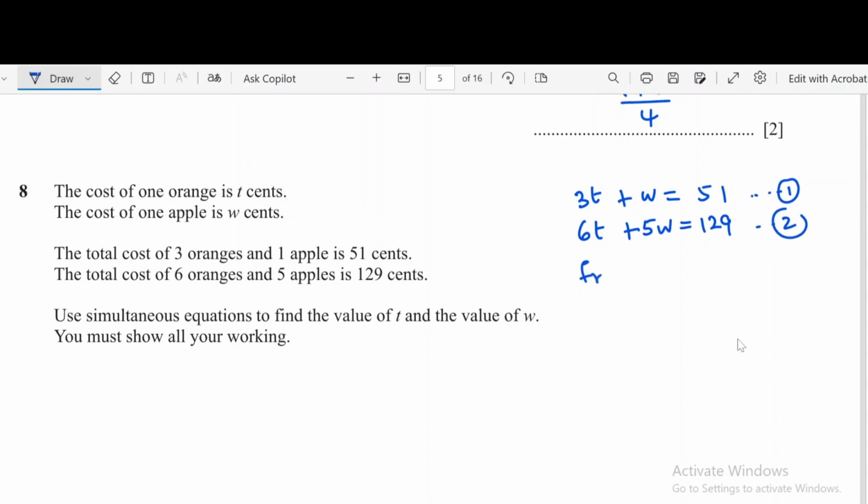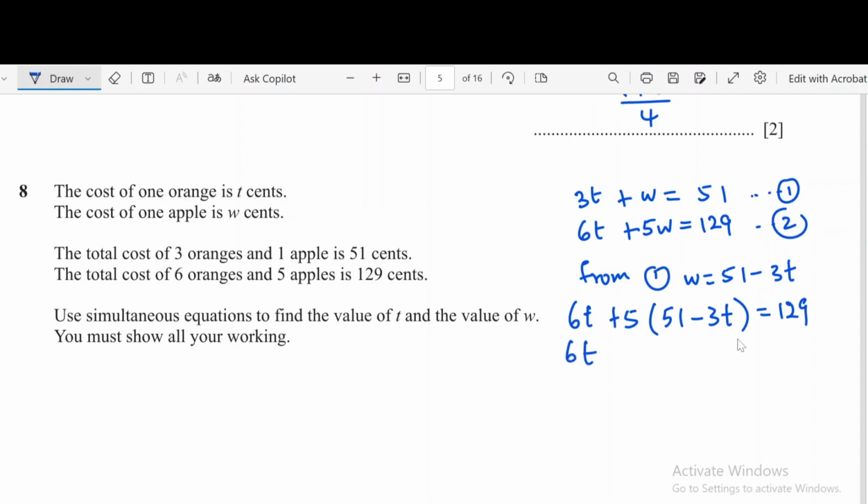I can say from 1, I can make W the subject. It's going to be 51 minus 3T. So we substitute that. We have 6T plus 5 instead of 5W. So we are going to have 6T plus 5 open bracket 51 minus 3T close bracket equals 129.